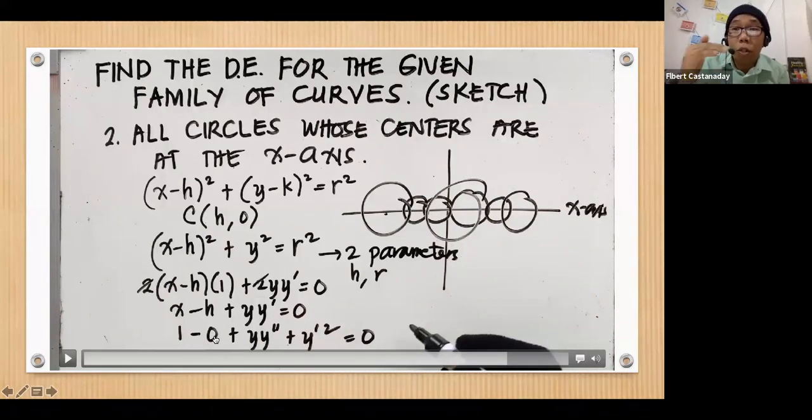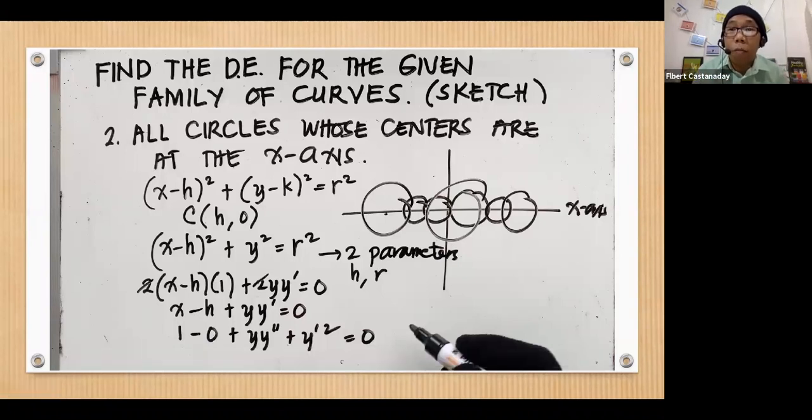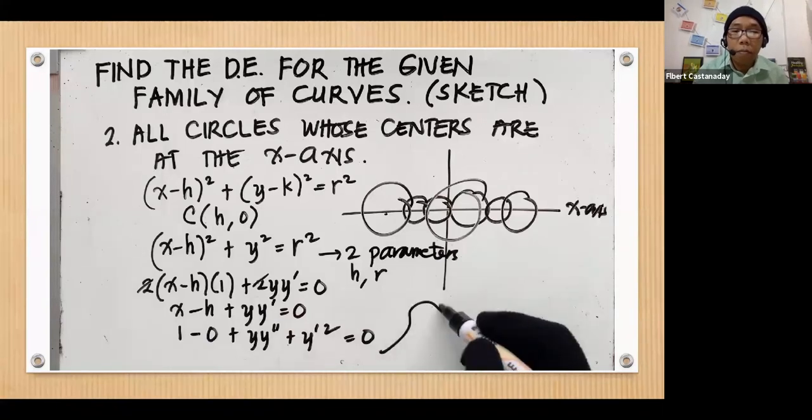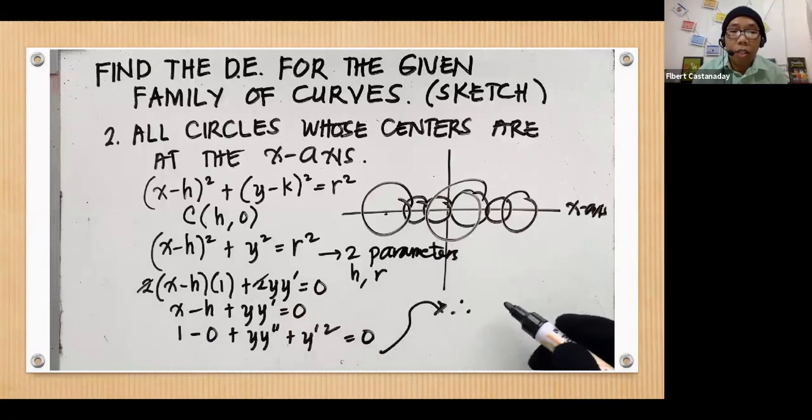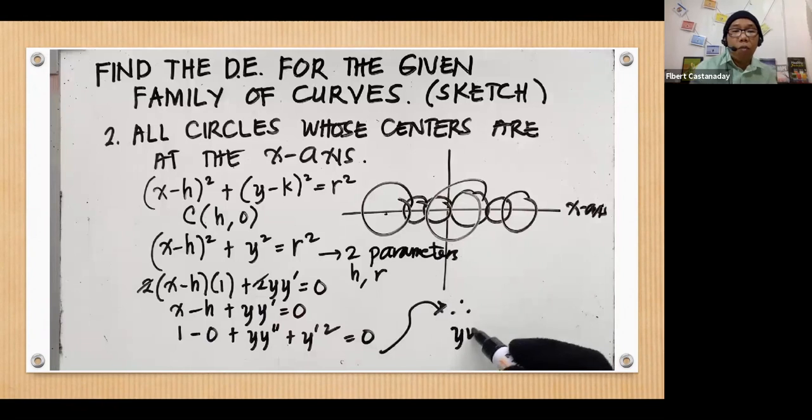Pero tama naman yung rule natin because that's the intended number of times that we are to differentiate. Okay? So we will just rewrite the equation or arrange this for our final answer. So we have y y double prime plus (y prime) squared plus 1 equal to 0 is our final answer.